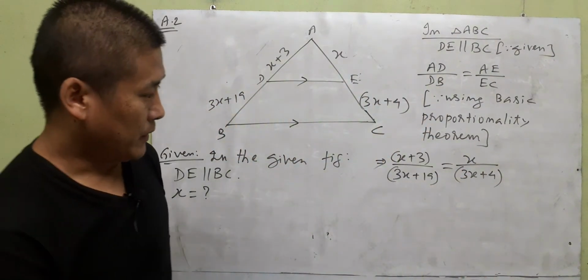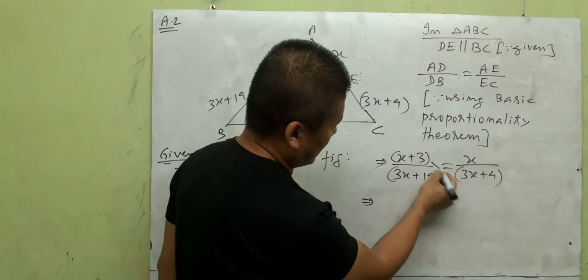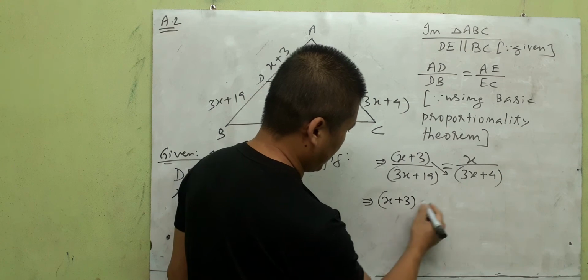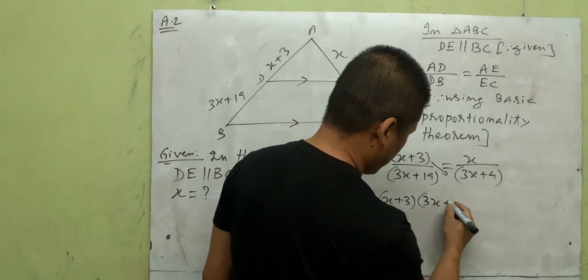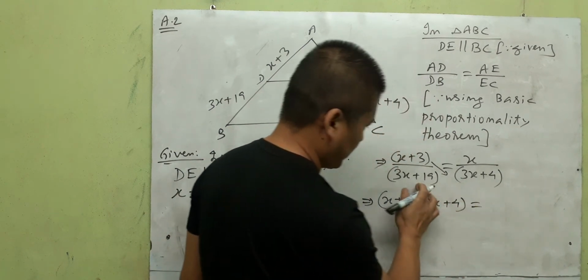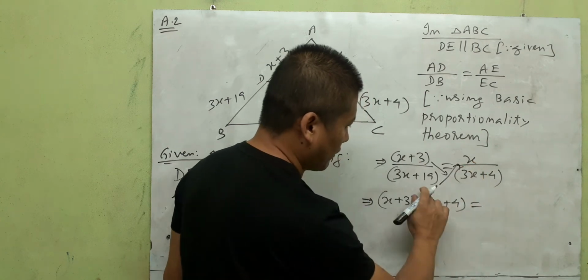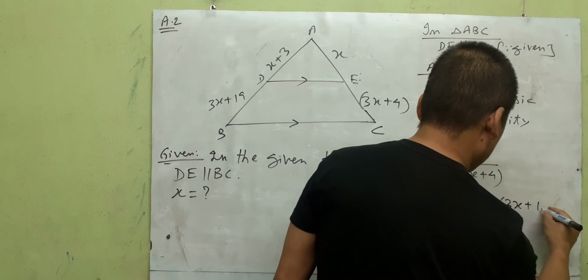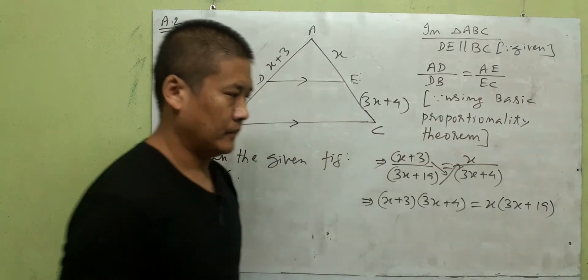Now let us cross multiply them. So that gives me, cross multiply means up and down. Okay, so x plus 3 you can multiply to this one, 3x plus 4 will be equal to, after equal, down and up or up and down. So x into 3x plus 19. I hope you got that right.